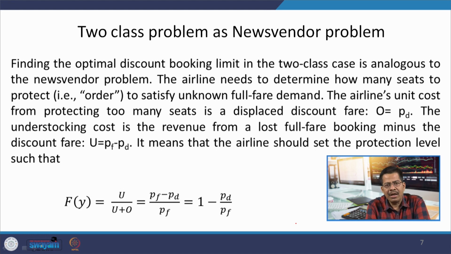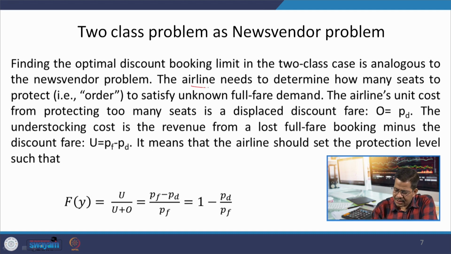And same thing, if the flight has taken off, if I am considering the airline example, then whatever spoilage or dilution has happened, has happened. You cannot undo that. So, the time factor is very important, and therefore, the two class problem can be very analogous to our news vendor problem.